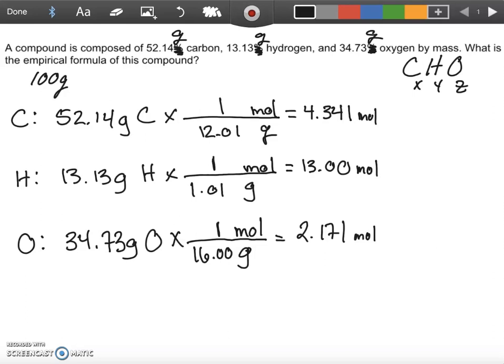Okay. The next step, ladies and gents, is to figure out the lowest number ratio. Alright, which means we got to pick the smallest number. In this case, it's 2.171. So we'll divide everything by that.